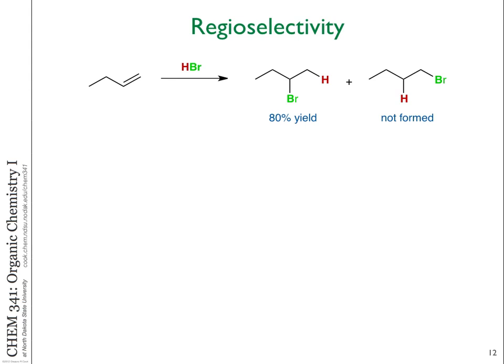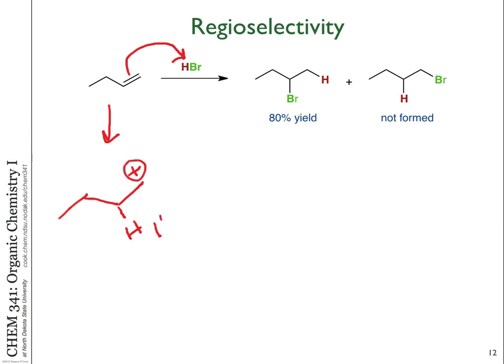Well, if you take a look at this, now we have an unsymmetrical double bond. So we have a possibility of forming a carbocation if we protonate this double bond from the electron density in the ring. If the proton goes on the inner carbon, the number 2 carbon, that would leave this carbon empty.